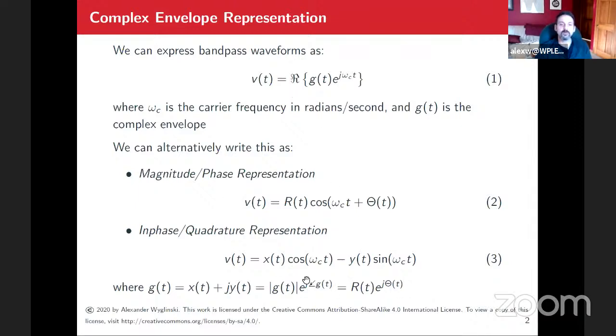There are some other forms of representation here, but equation 1 is huge. I think you're going to see this off and on throughout the rest of the course, so just a heads up.